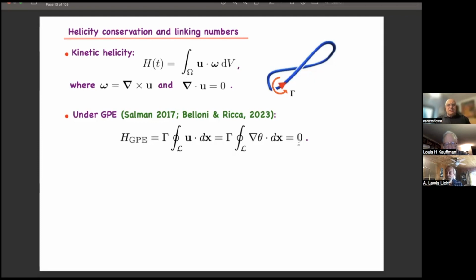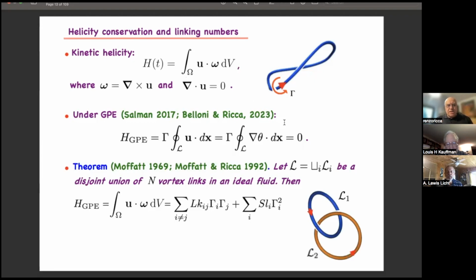And this is because we deal with localized fields, and defects are indeed singular in the sense of being nodal lines for the wave function. So they are actually geometric curves where vorticity is just a Dirac delta distribution, and using distributional techniques, we could prove this result with Andrea. So we start from the fact that helicity is zero, and we'll see what happens.